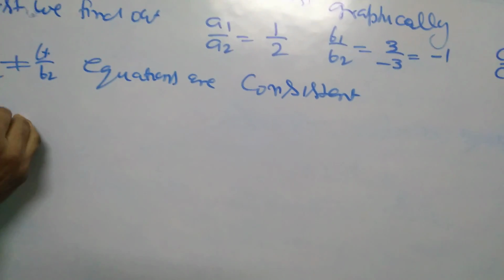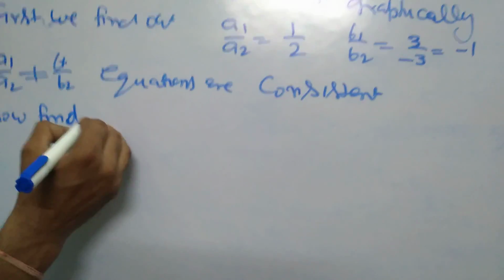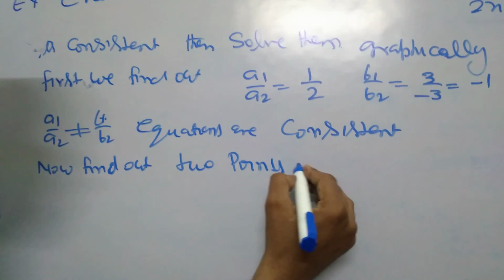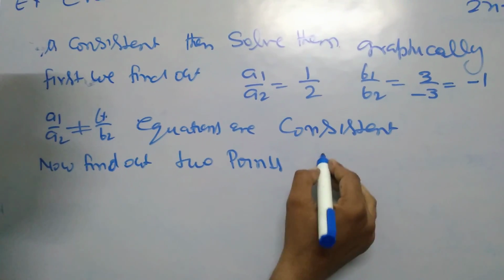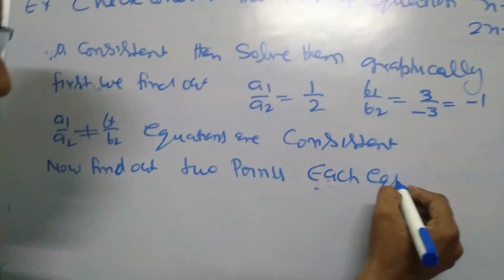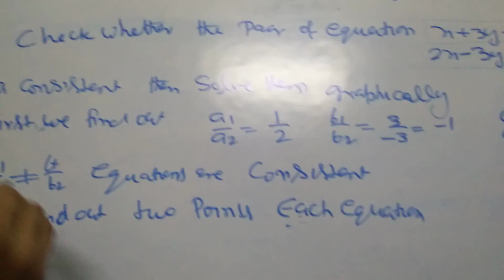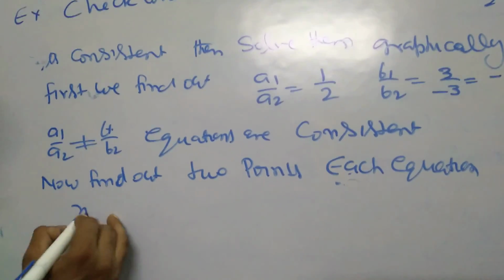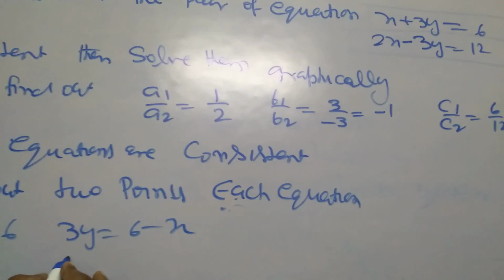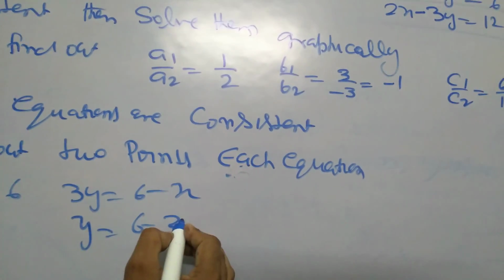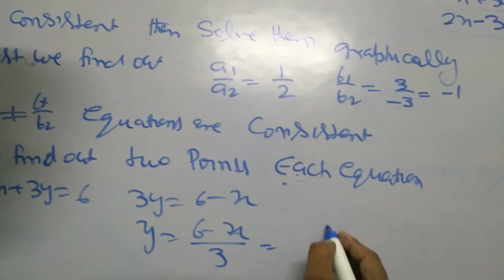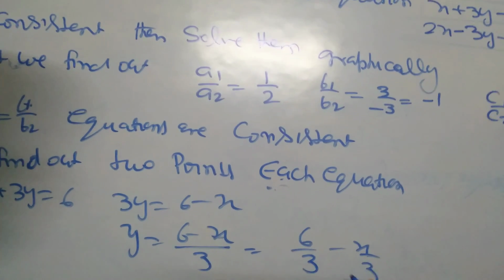Now find out two points of each equation. First we write x plus 3y is equal to 6, 3y is equal to 6 minus x, y is equal to 6 minus x upon 3. Now separate 6 upon 3, x upon 3.